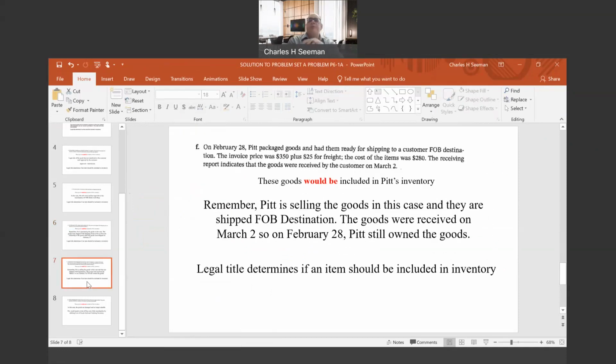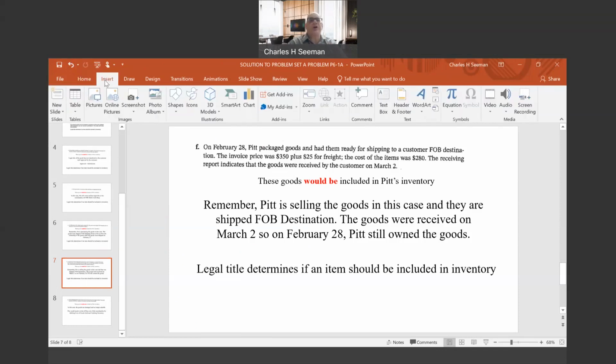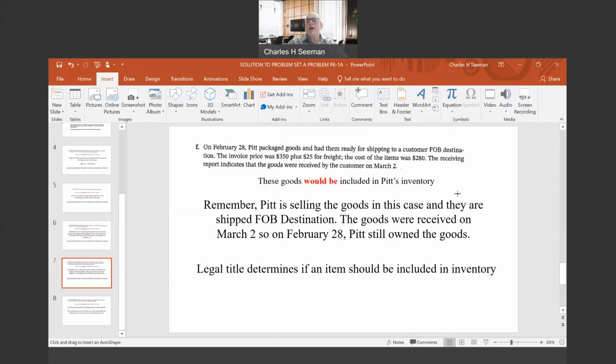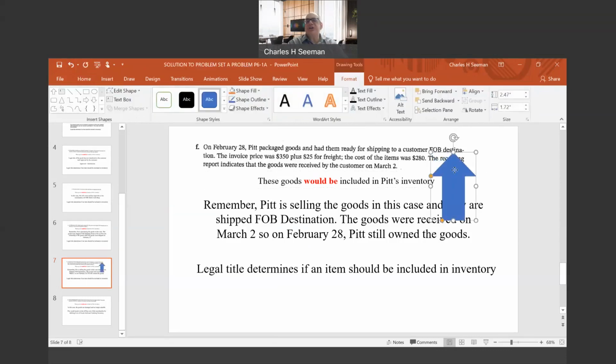On February 28th, Pitt packaged goods and had them ready for shipping to a customer FOB destination. The invoice price was this. The cost of the goods was this. The receiving report indicates that the goods were received by the customer on March 2nd. Again, this is Pitt selling to a customer, and the terms are FOB destination.